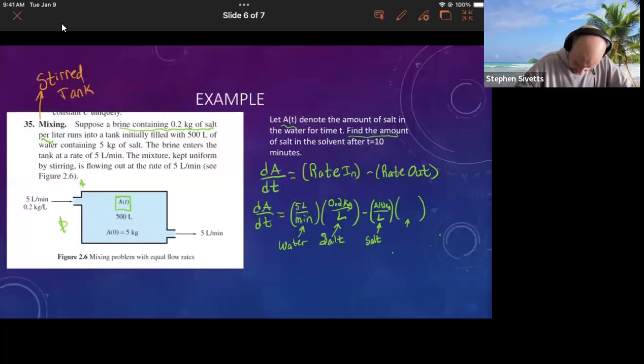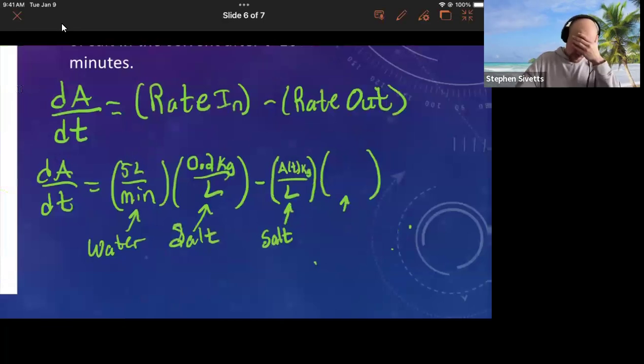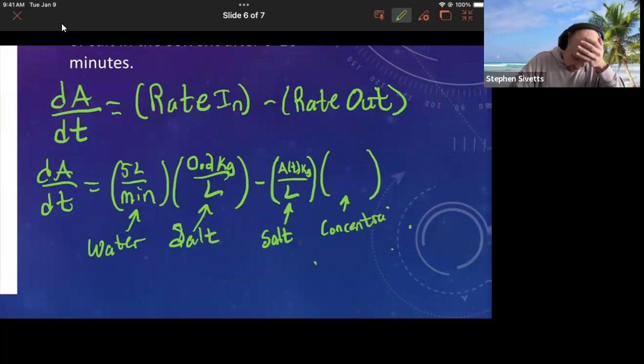Okay. All right, so we have the amount of salt times what is called the concentration. Well, it's not concentration, it's actually the amount of water that is going out per unit volume, right?